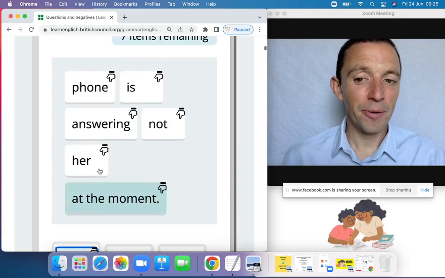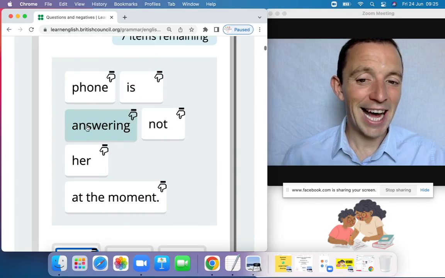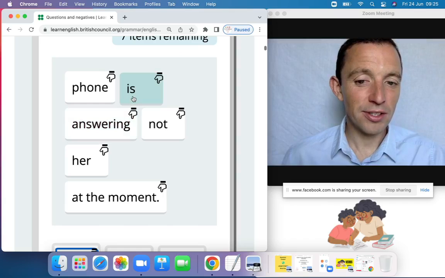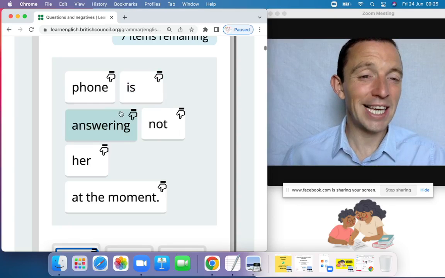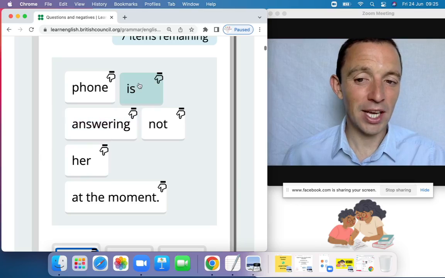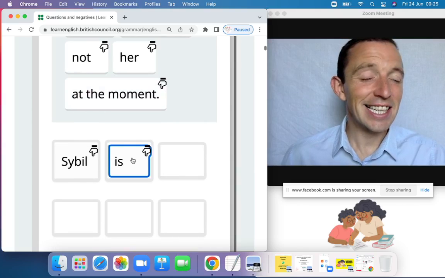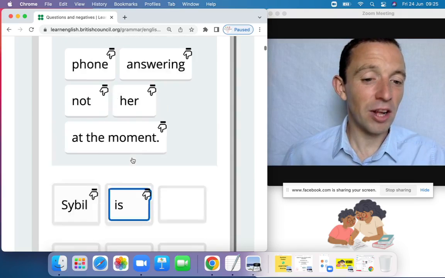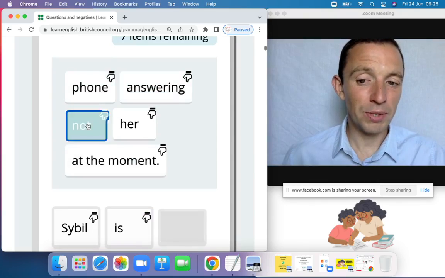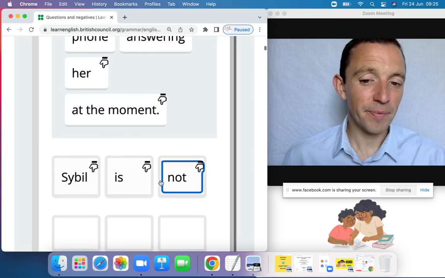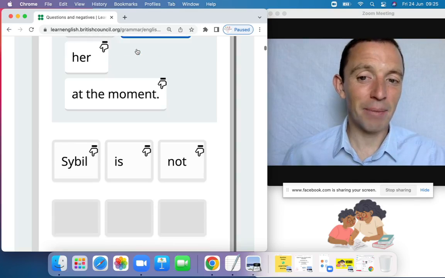The verb is answering plus the verb to be, is. So it's the present continuous, is answering. So we put the first part of the verb, is. The sentence is negative, therefore not goes in the position after is. And the second part is answering.